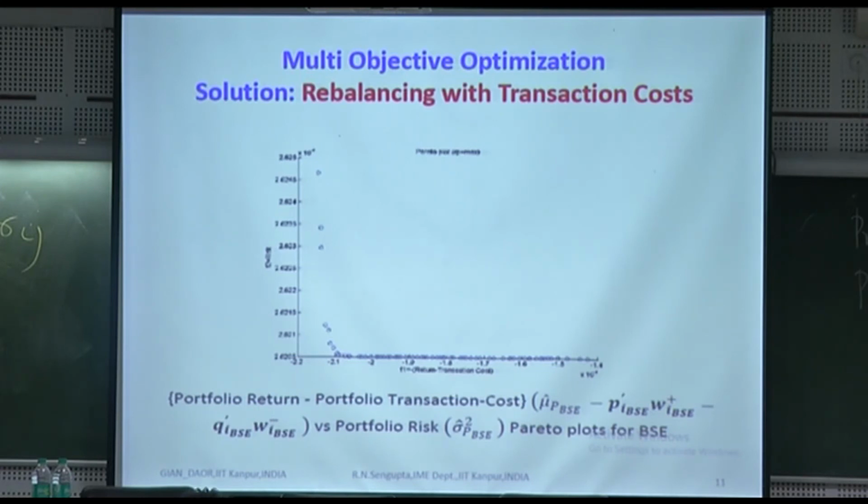So with the rebalancing and transaction cost concept, if I try to find the Pareto front plots, then the portfolio returns minus the transaction cost for buying and for selling, if you balance it with the portfolio risk, the more you want, obviously you have to compensate on the other front. And obviously it can be done for different betas.